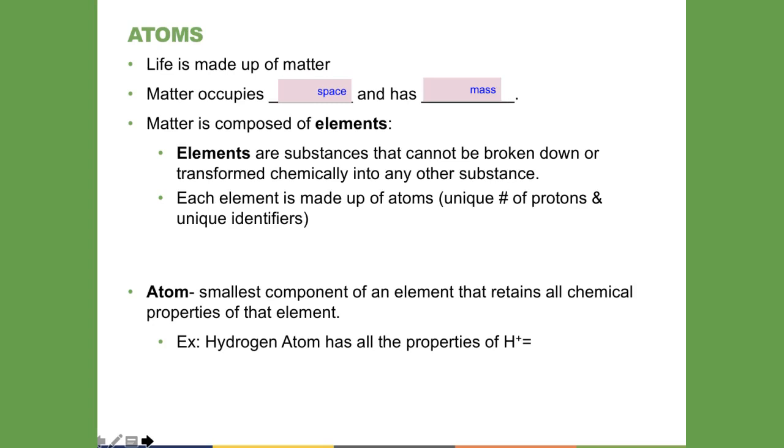No matter what, they're all going to have all of the properties of those hydrogen atoms at room temperature. So they're going to maintain those chemical properties of hydrogen, as would gold. Gold atoms would maintain all the chemical properties of that gold element as well.